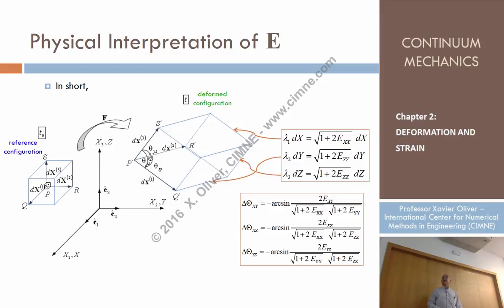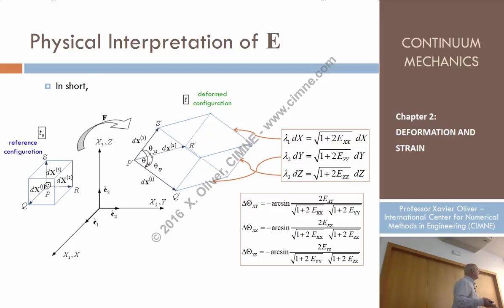And what about the increment of angles? The increments of angles depend on components EXY, EXZ, EYZ, in such a way that if EXY is positive, that will mean that this angle, the angle between particle Q and particle R, has what?